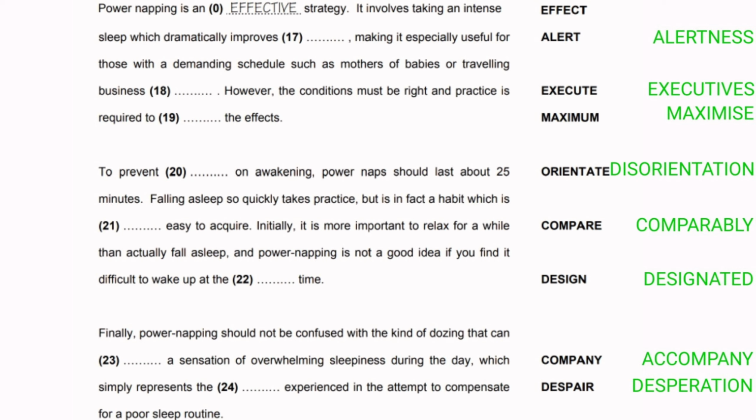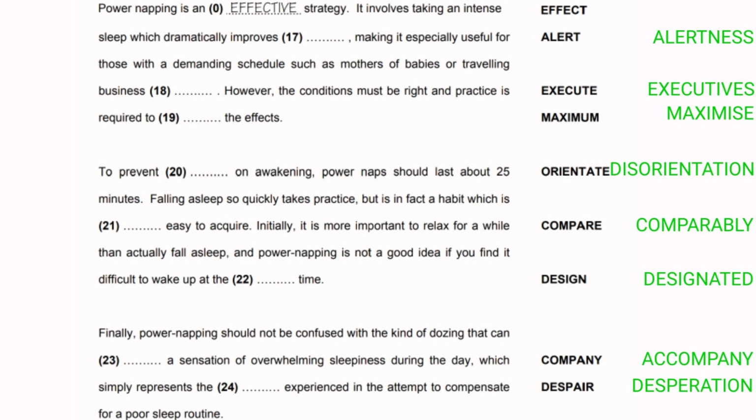Well, it is easy to acquire, and, what can we do to modify an adjective? We can put an adverb in there. We can say it's comparably easy. No, to say it's relatively easy to acquire, relative to other things, comparable to other things. It is quite an easy thing to acquire, this ability to fall asleep quickly.